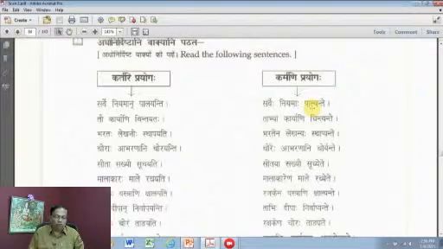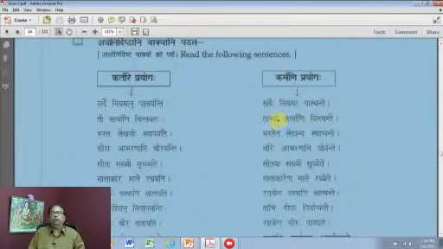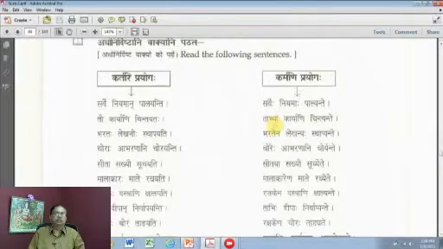Similarly, tau karyani chintayataha, those two men are thinking about works. It is dual number, therefore the verb is chintayataha. Now put tau in tritiya dvivachana: tena, tabhyam. Karyani is napumsakalinga, goes to prathama as it is.